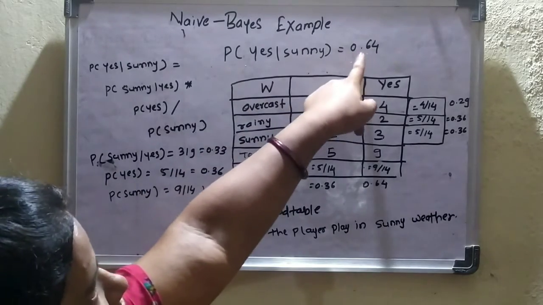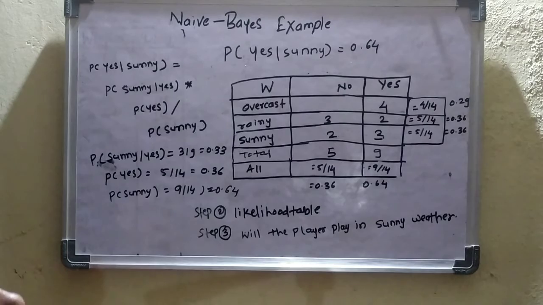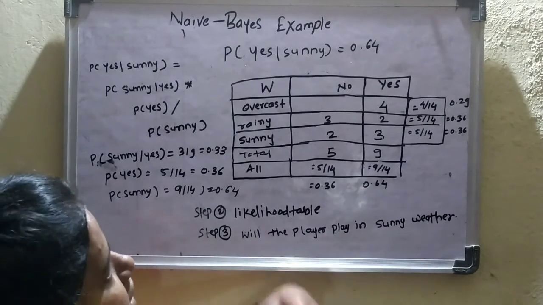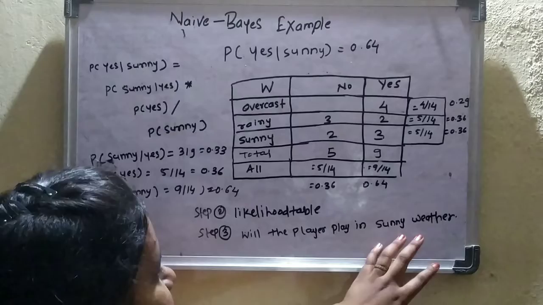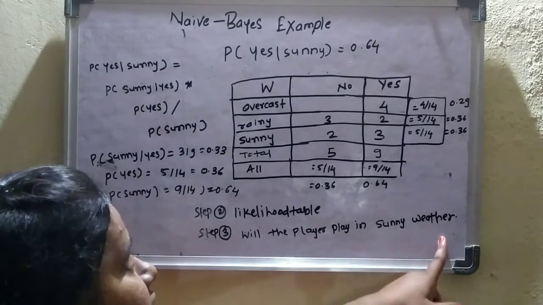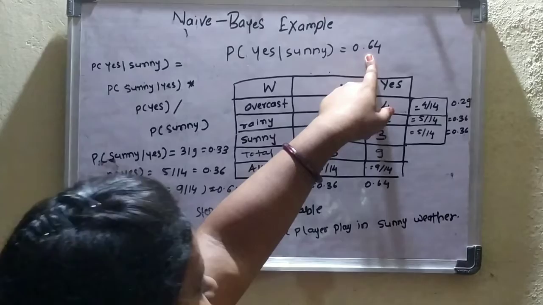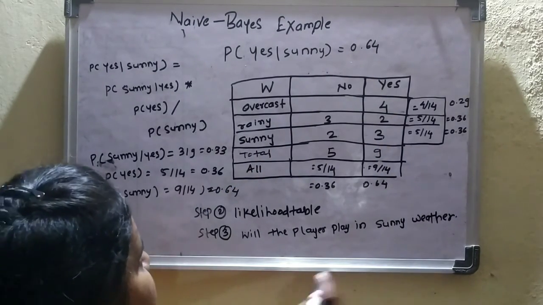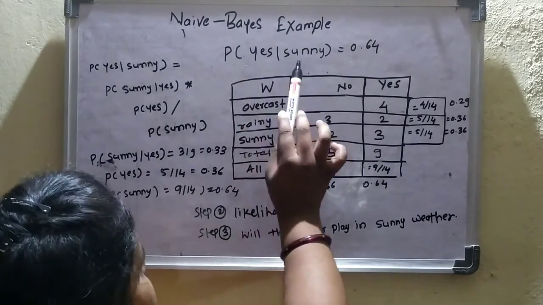So it is tending towards 1. So yes, the player will play in the sunny weather. This will be the answer to the question. Yes, the player will be able to play in the sunny weather since the value is positive as well as tending towards 1 and it is a higher value.